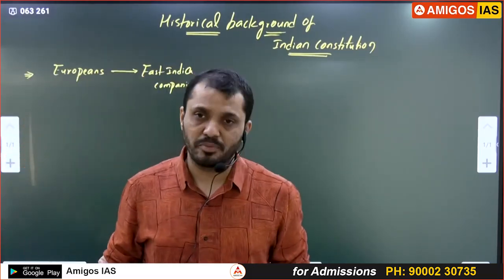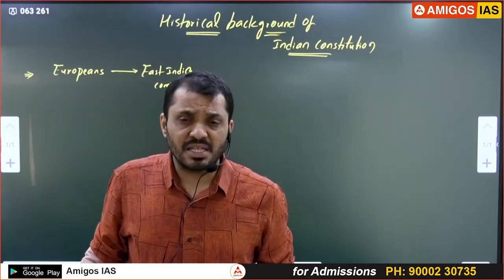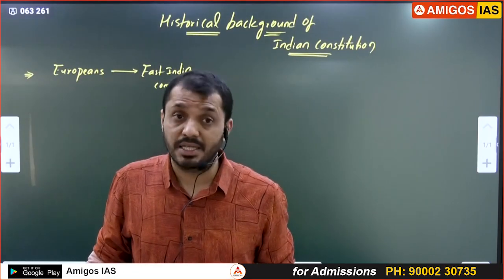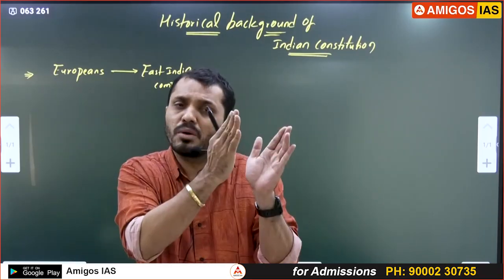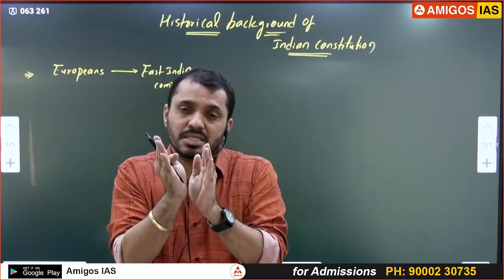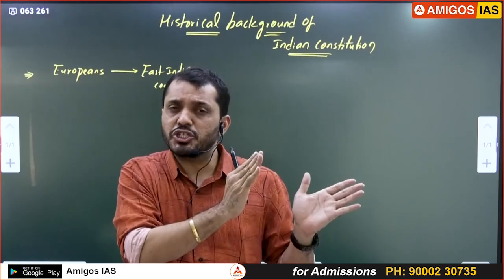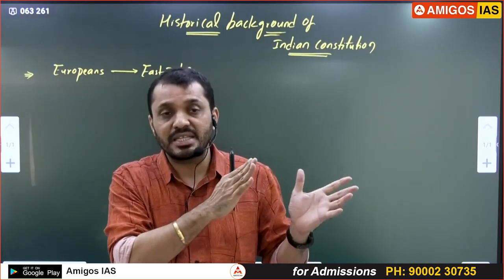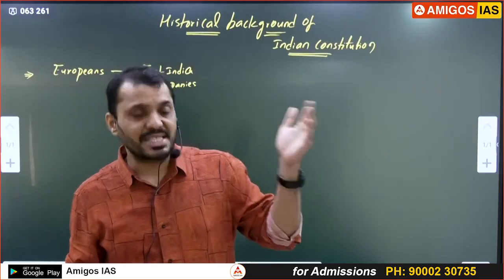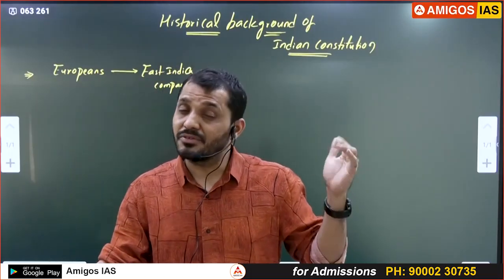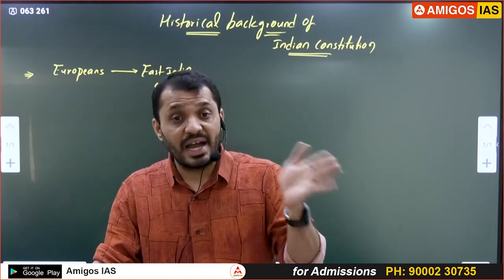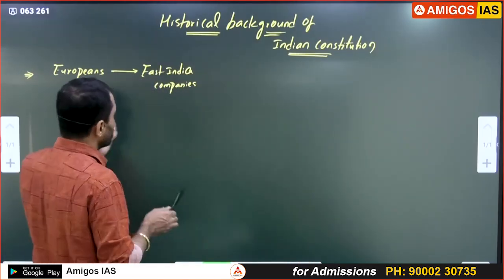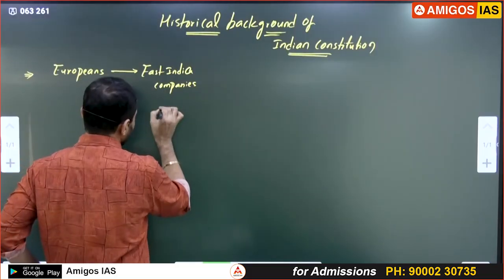It is not only related to the British, it is a common name. These are the companies created by the Western countries to do trade with East India. Because to Europe, India is in the eastern direction. On the western side, they gave the name West Indies. West of Europe, that is the reason they call it West Indies and East India. To do trade with the eastern part, like India, this East India Company was created.